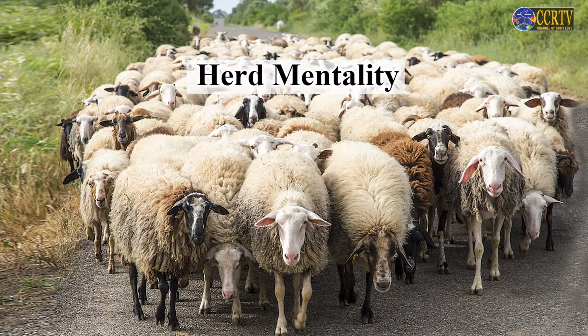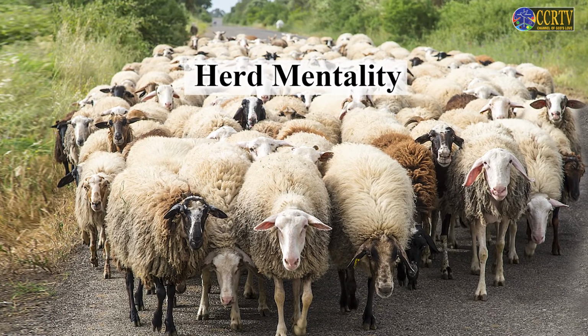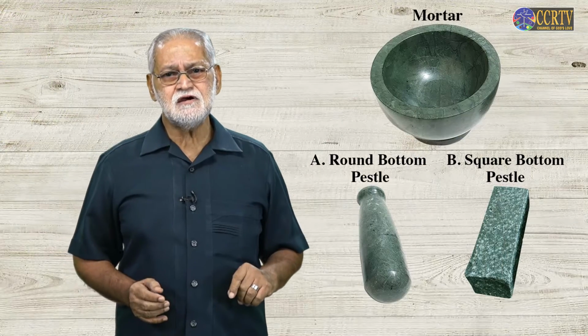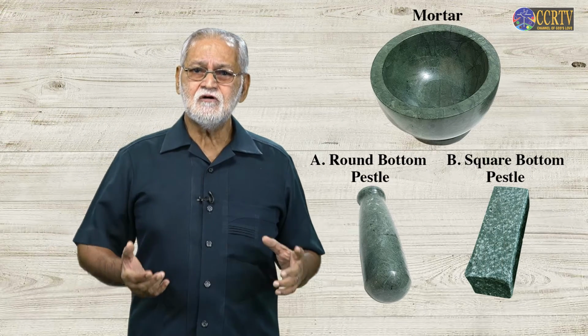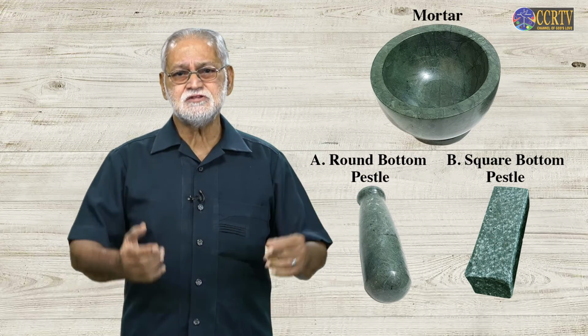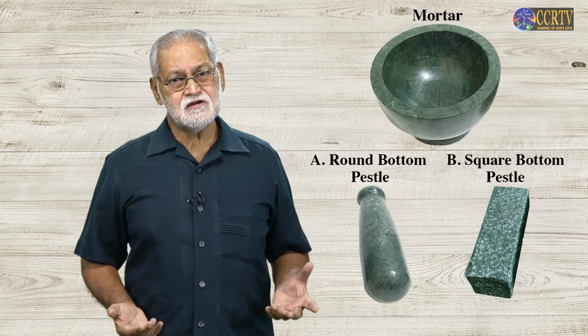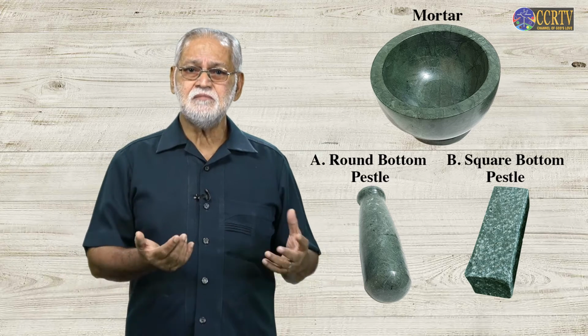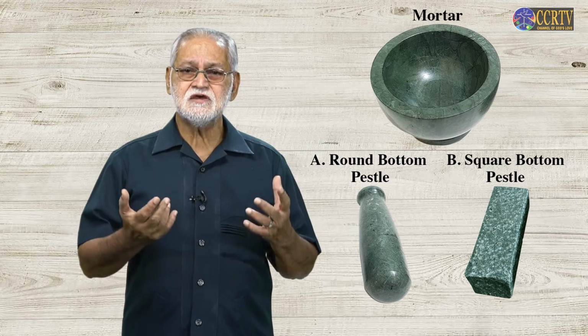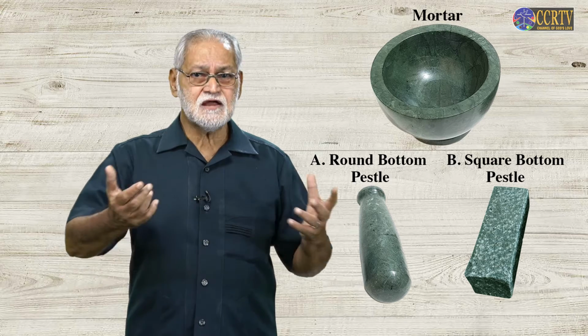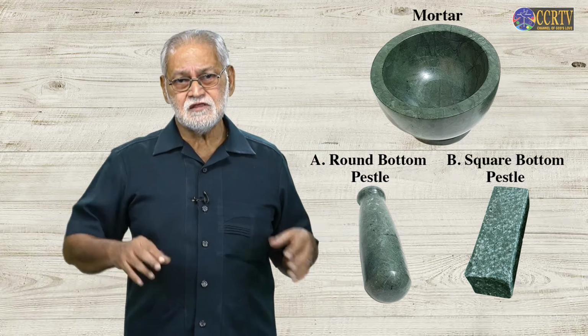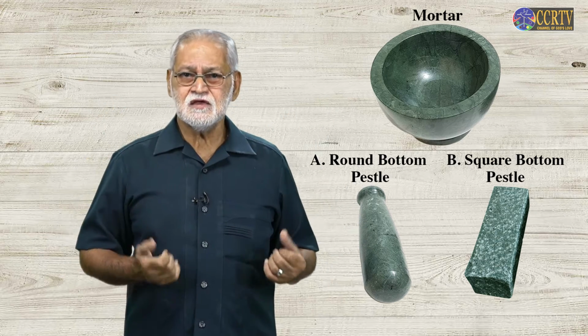And so they follow the herd mentality and conform to the behavior and beliefs of the group of friends to which they belong. And in no time, they become square pegs in round holes, because that was not what they wanted to do. They just followed their friends.